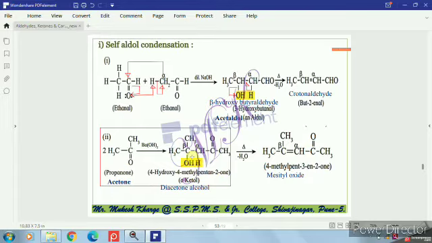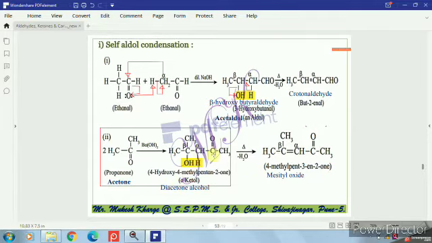It removes water on heating and gives an alpha beta unsaturated ketone, that is mesityl oxide, its common name. If we write the numbering 1, 2, 3, 4 and 5, 4 contains methyl, third contains the double bond, and in total there are 5 carbons, so 4-methylpent-3-en-2-one is your final product of aldol condensation.